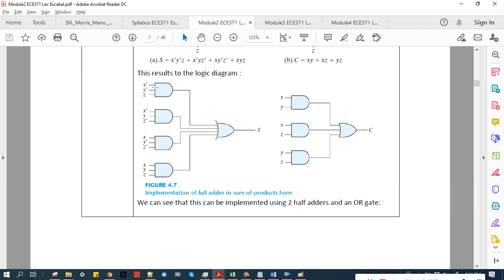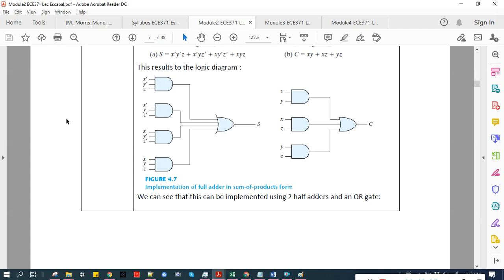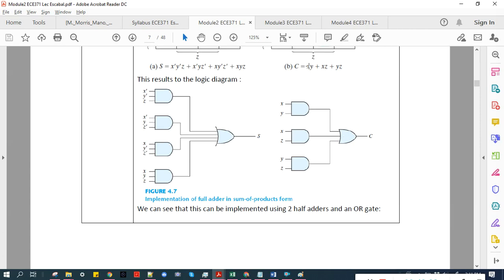We can draw it like this with x prime, y prime, and z prime, but the right way is to have the inputs x, y, z and then add an inverter for each of those. For C, it is just the sum, so we use an OR gate, then an AND gate for each of the xy, xz, and yz terms.